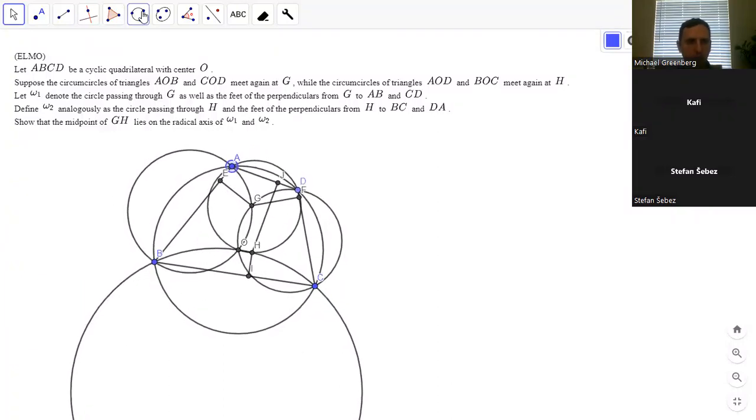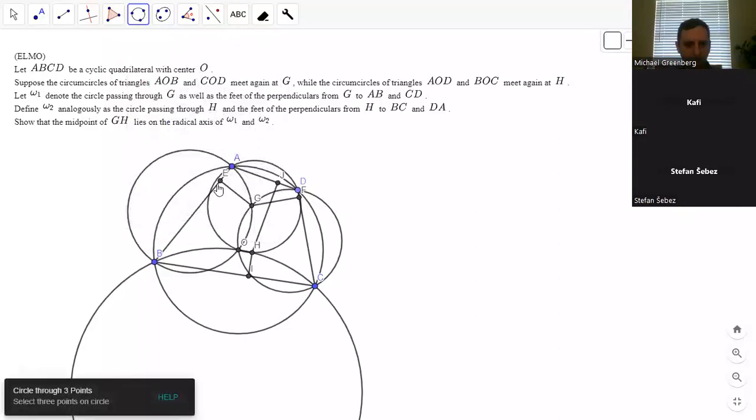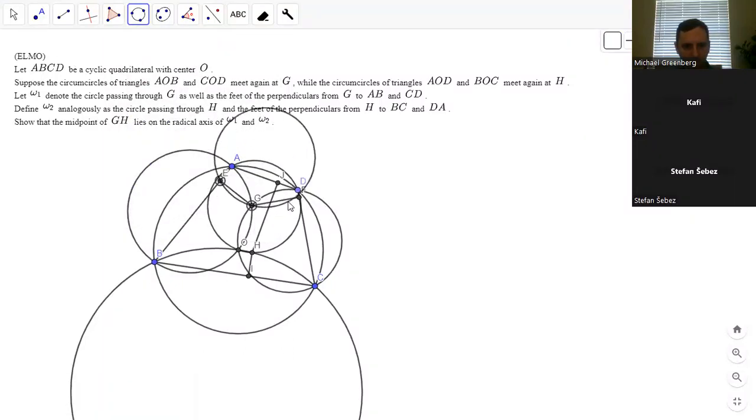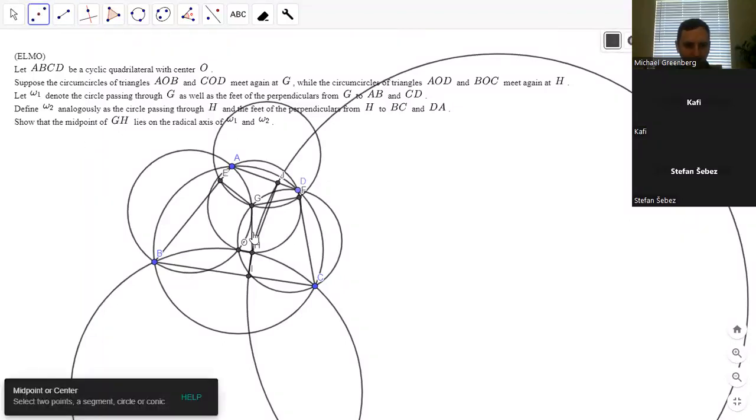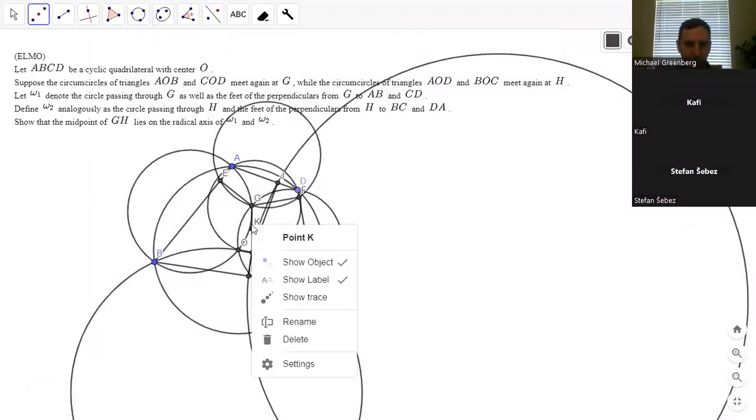Okay. So we have this circle and this circle. And we want to show the midpoint of GH lies on the radical axis of those circles. It's kind of random. We call it M.